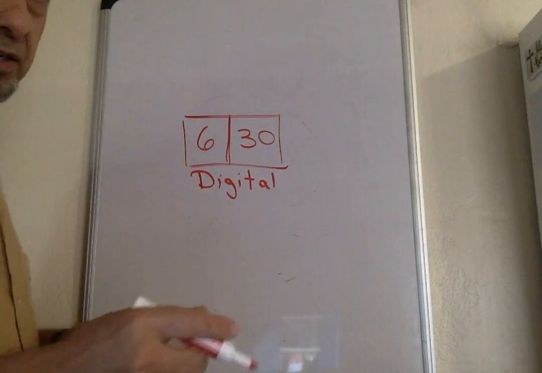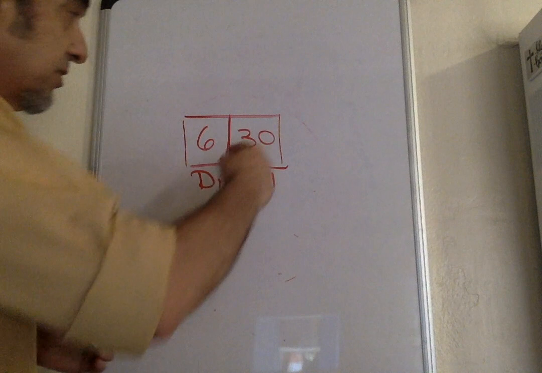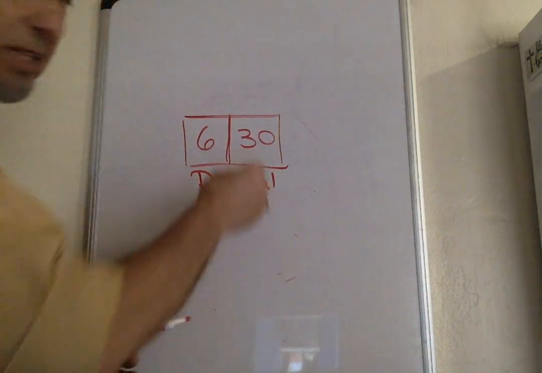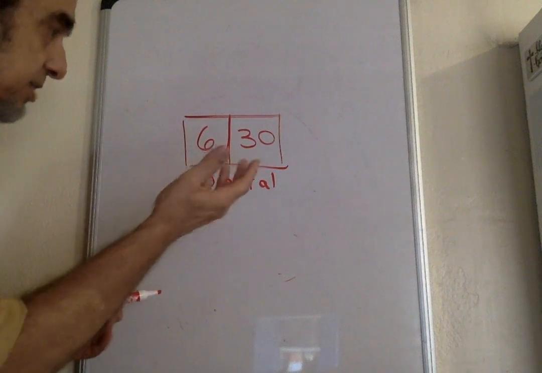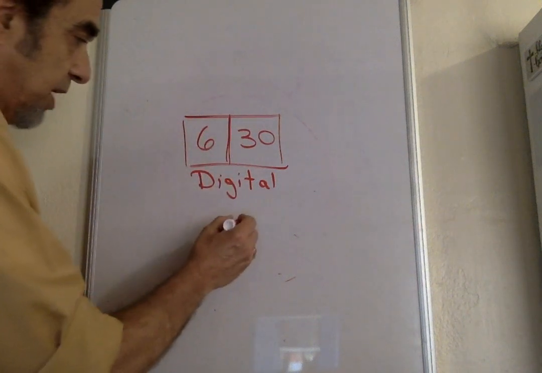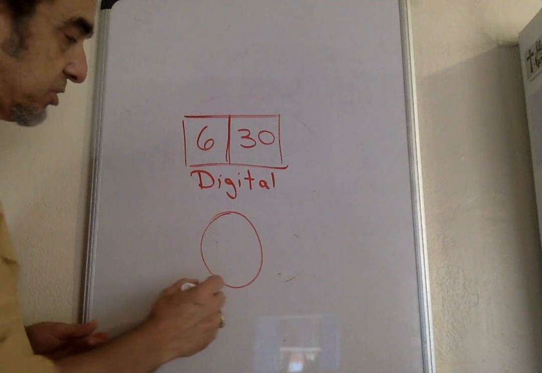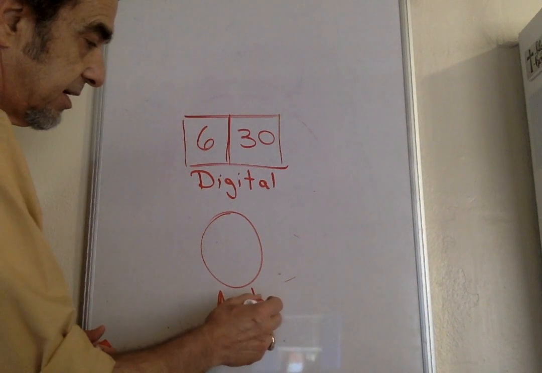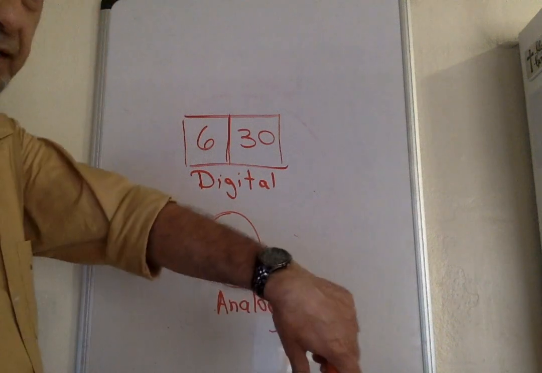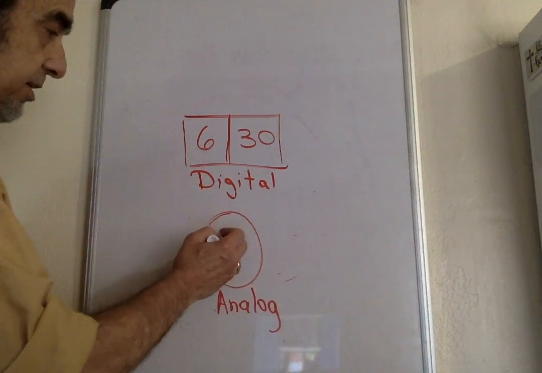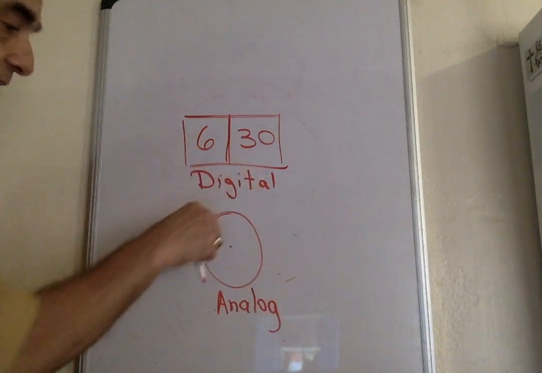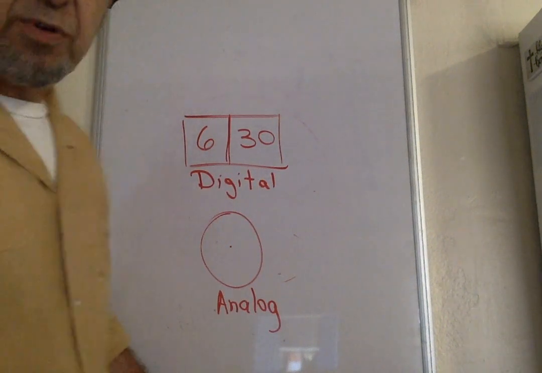Now the old ones, we used to have one, I wish we still had it. The numbers would actually go around. The modern ones, they don't do that. They just light up like that. Okay, so that's a digital clock. The one that's round, that's called analog. Analog would be like this, or a regular clock with numbers that you see on the wall. So again, digital and analog. Just want to review that.